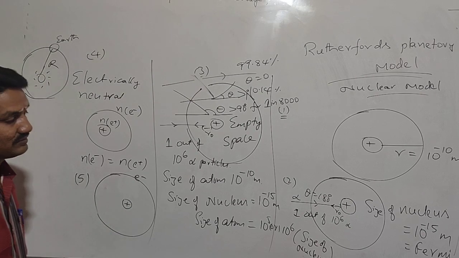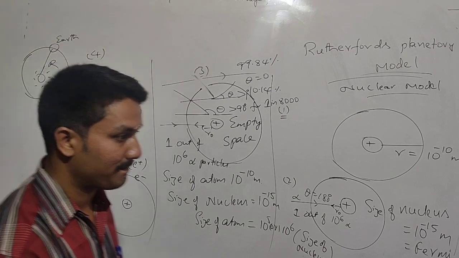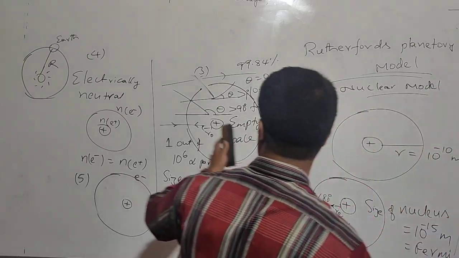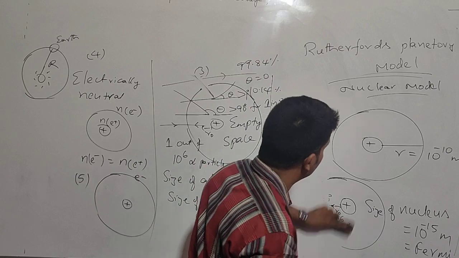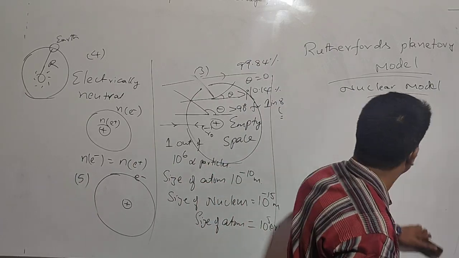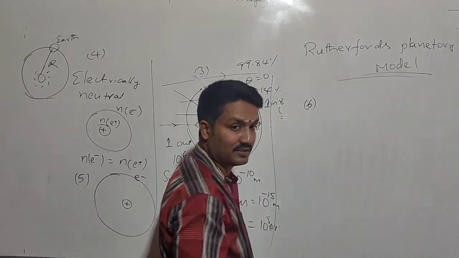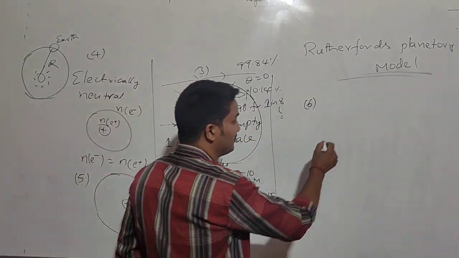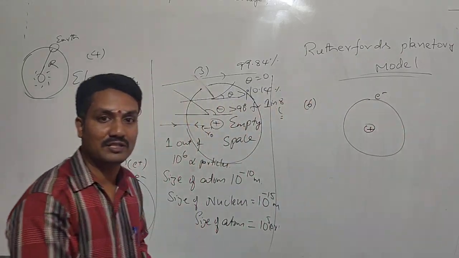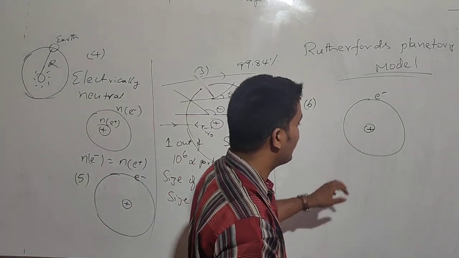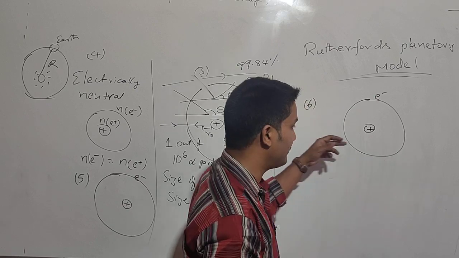And the sixth one, what he said, sixth one is, this one is the nucleus and these are the electrons in different orbits oriented around the nucleus in different paths, which are called orbits.